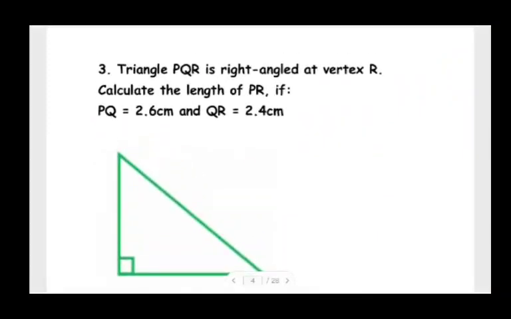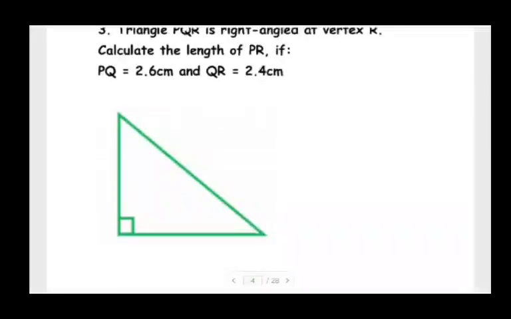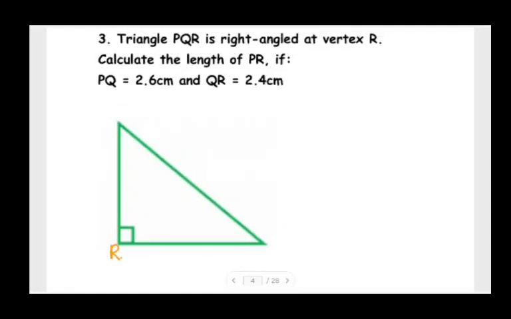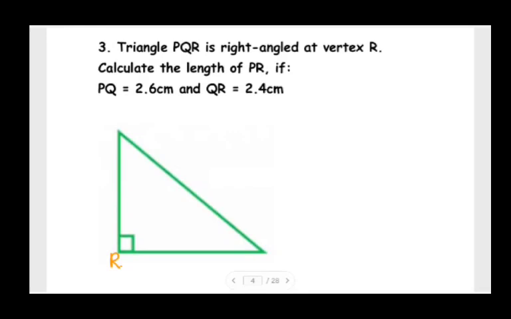Triangle PQR is right angled at vertex R. So this is my vertex R because it says it's a right angle. Calculate the length of PR. So let me put P, Q. Calculate the length of PR.